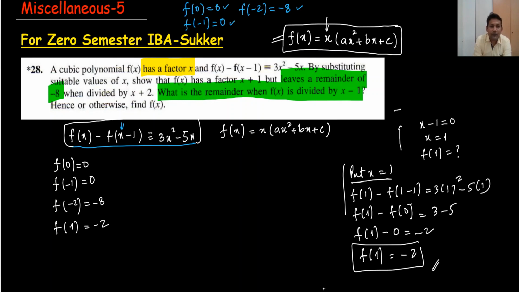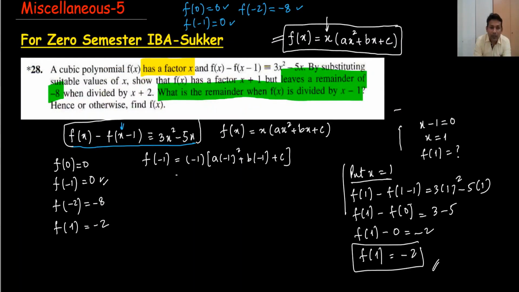So, first of all, I will use this first. In the given equation, I will write f of minus 1 and minus 1. Then wherever we have x, I will write minus 1, like a times minus 1 squared plus b times minus 1 and plus c.